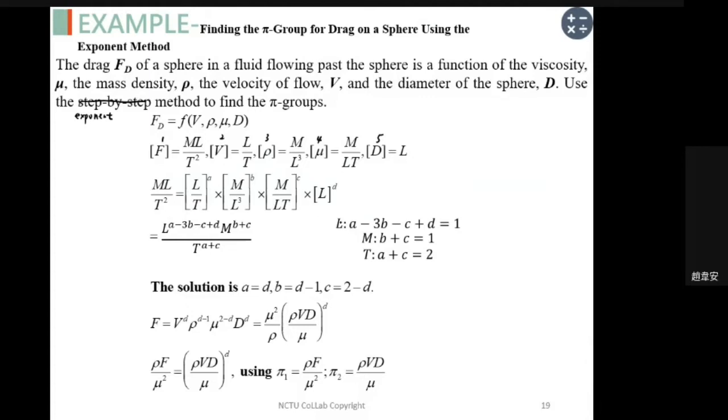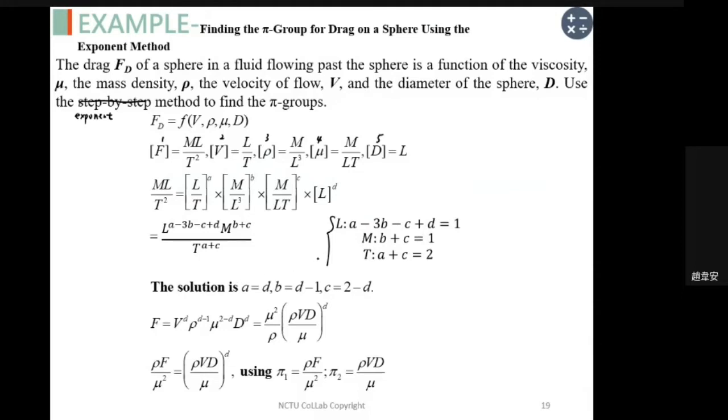So we know that for L, A minus 3B minus C plus D equals 1. B plus C is equal to 1 also. And A plus C is equal to 2. So we have three equations, but there are four unknown parameters.